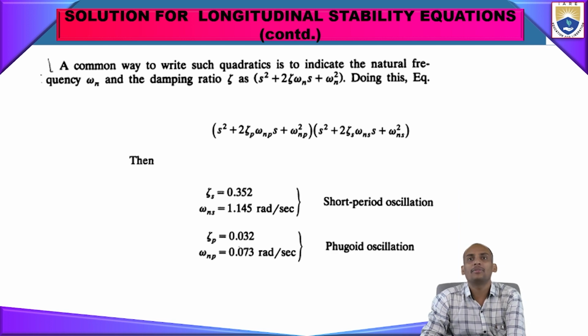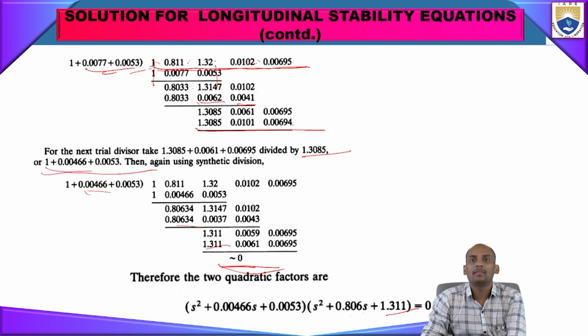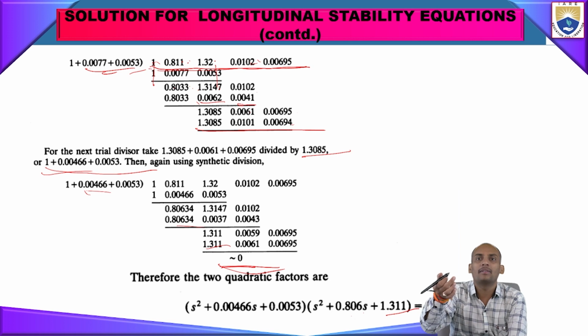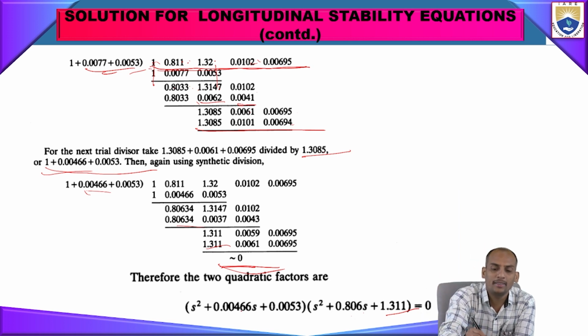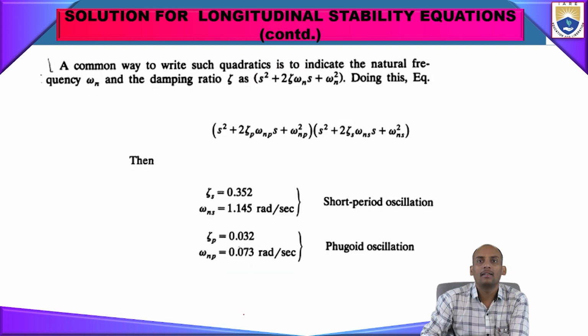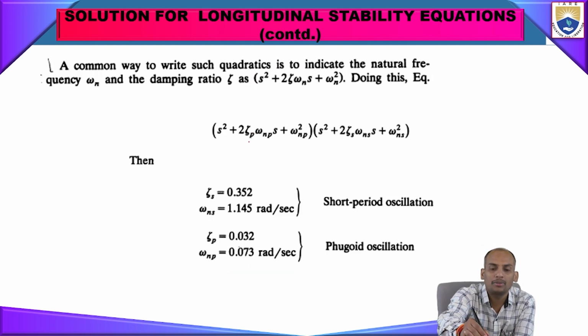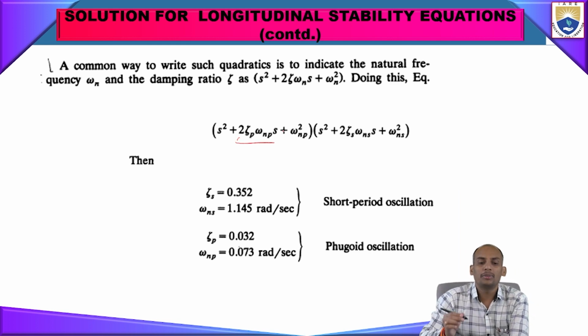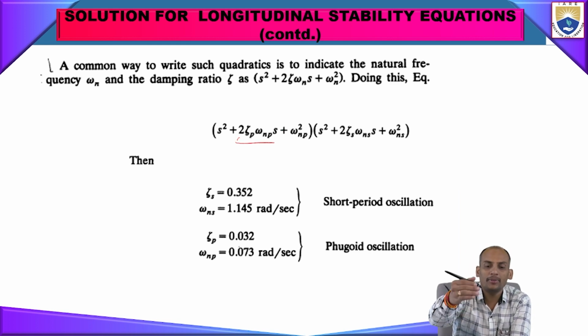Zeta s is 0.352, and omega ns will be 1.145. Comparing the coefficients, here the coefficient is 0.000466, and the equation has 2 zeta p omega np s.